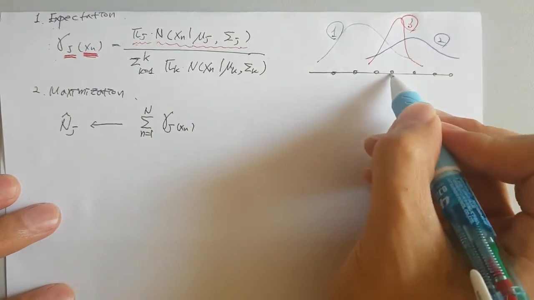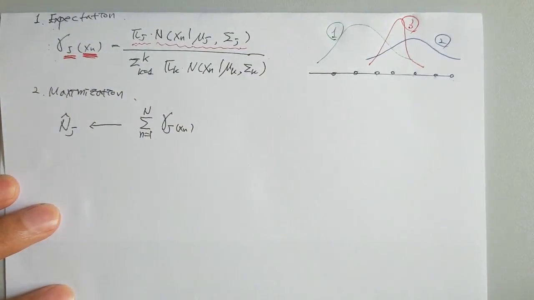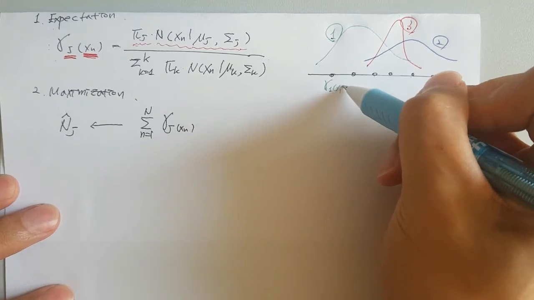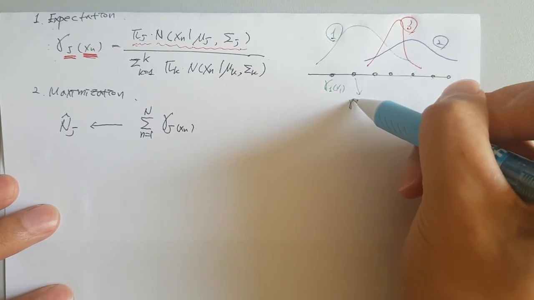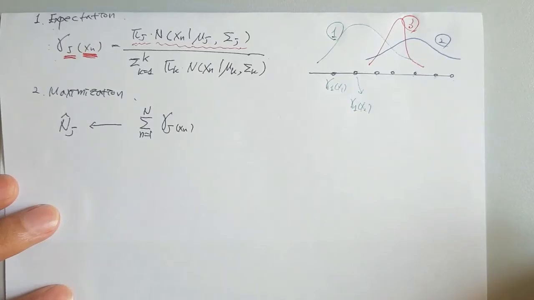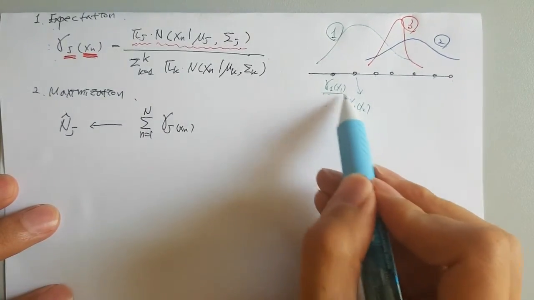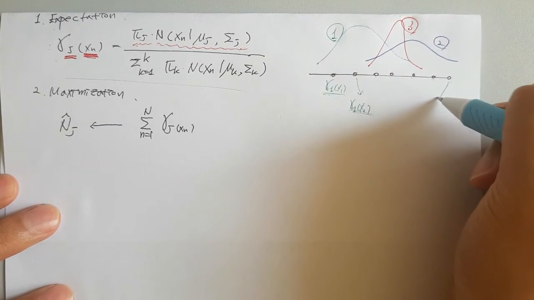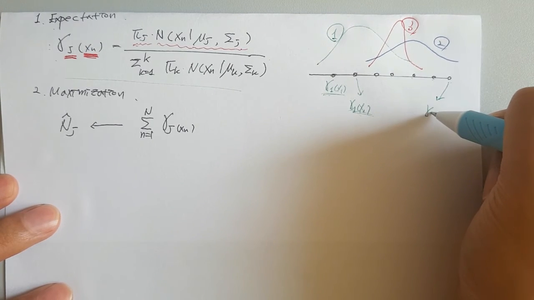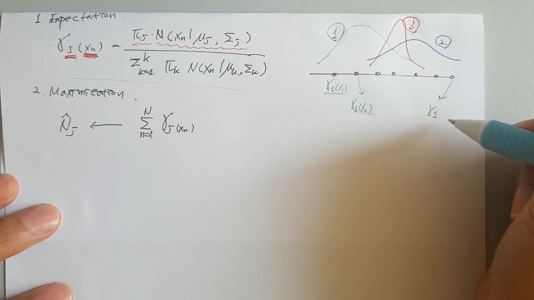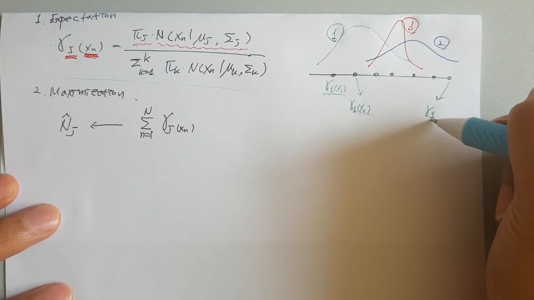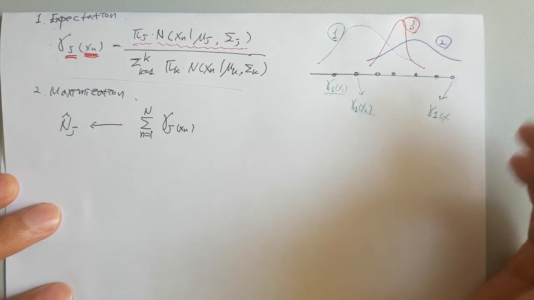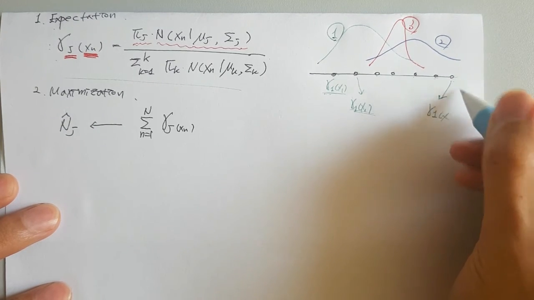Each data point will have its own gamma 1 x1, and it will also have gamma 1 x2. How can we calculate this equation? All right, from here. So this one also has responsibility on distribution 1 on data 1, 2, 3, 4, 5, 6, 7.